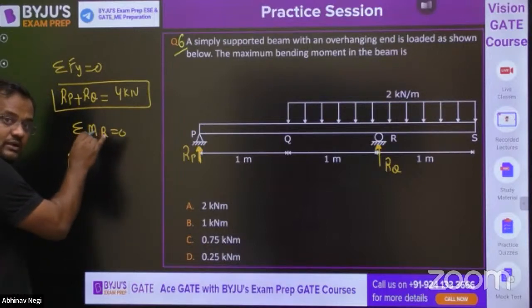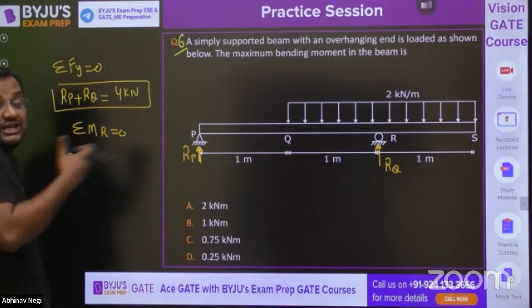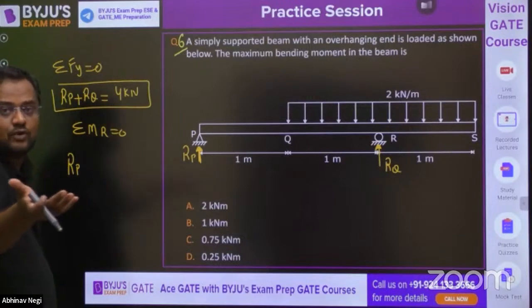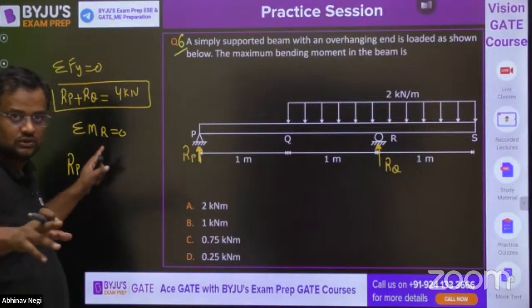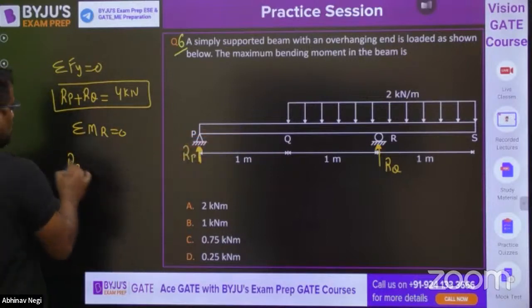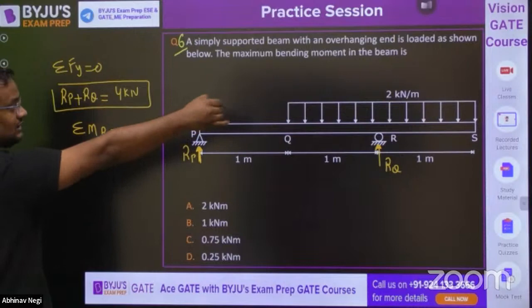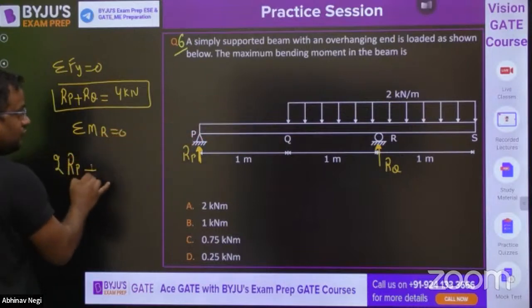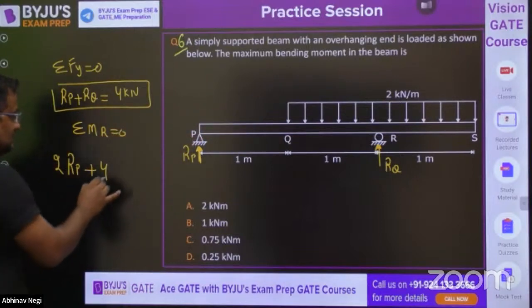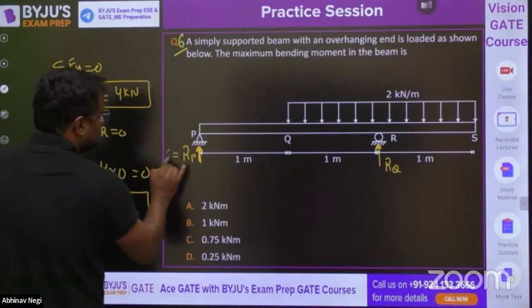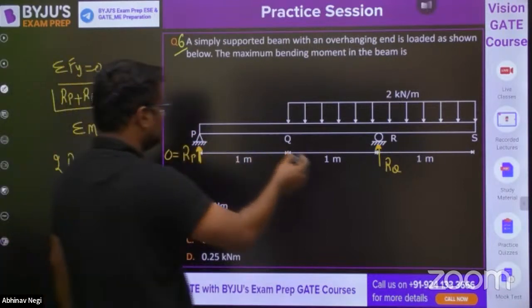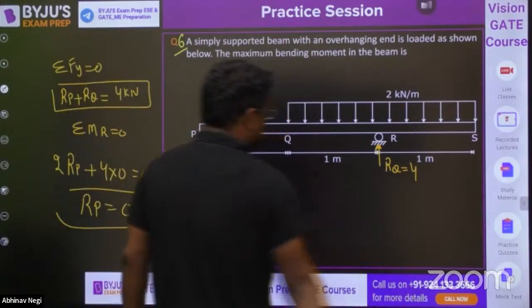Bending moment I cannot say is 0 at any point, it may or may not be 0, but moment for an equilibrium beam is always 0. So RP into 2 clockwise, and the total load is 2 into 2, 4, acting at the center of mass, on R only. So RP is equal to 0, and the total is 4 here.